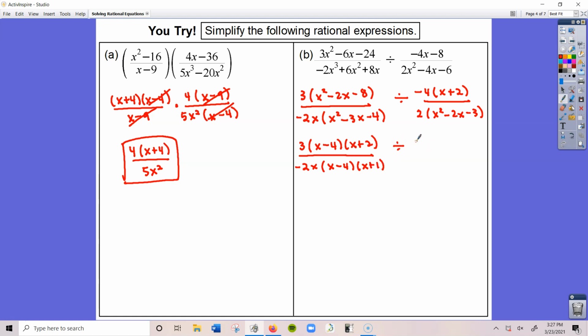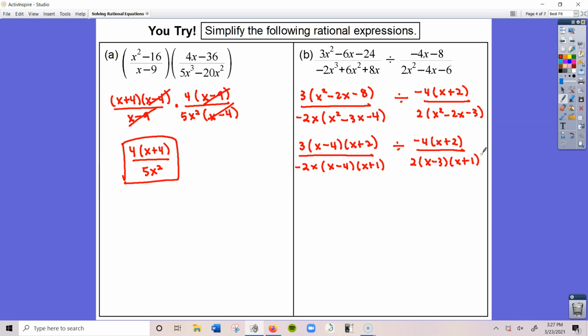Divided by, the numerator is already completely factored, so we just need to keep factoring this denominator, which will give us 2, and then x squared minus 2x minus 3 can be factored to be x minus 3, x plus 1.